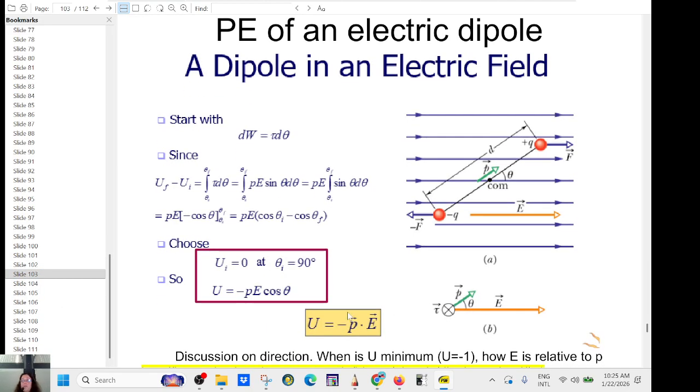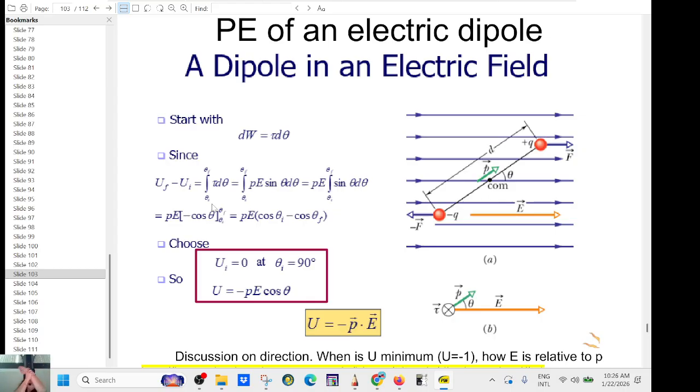Okay, I'm not going to do the math, but how can we find this equation? The equation for the potential energy is found by using the definition of work. Work is energy transfer. You start from some orientation, so the angle is the initial angle theta i, and you're going to rotate it against its will. You take the dipole and rotate it.